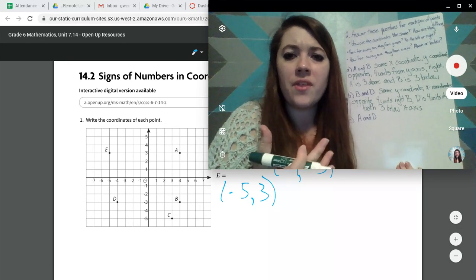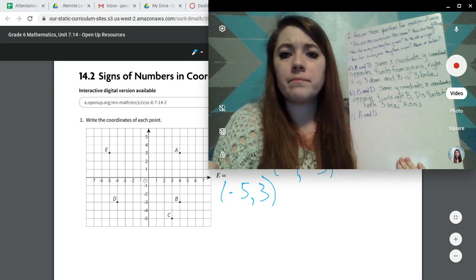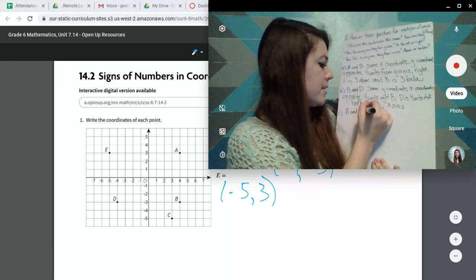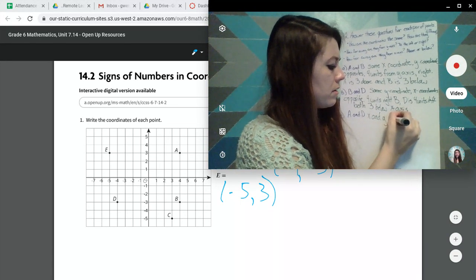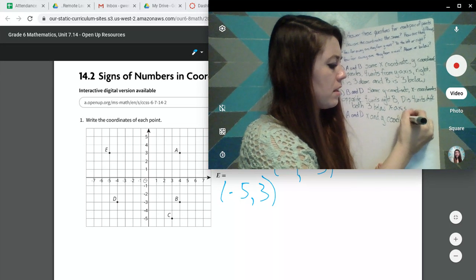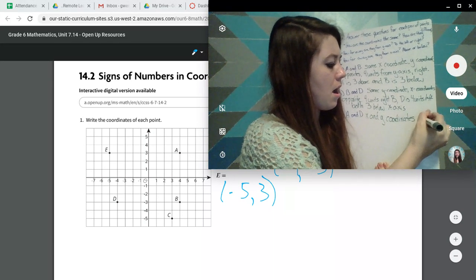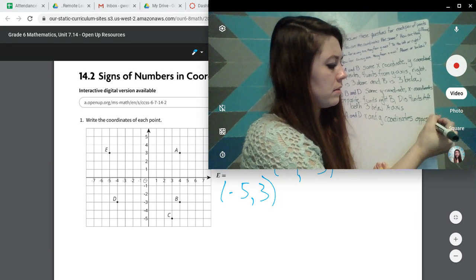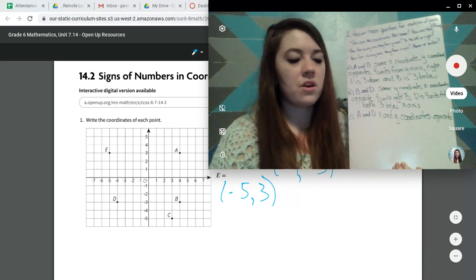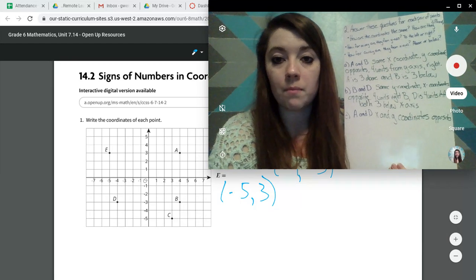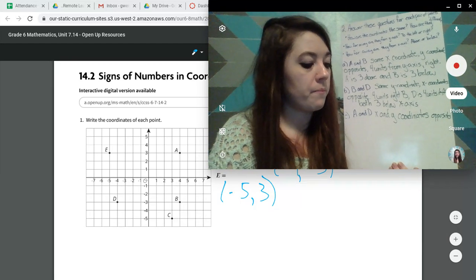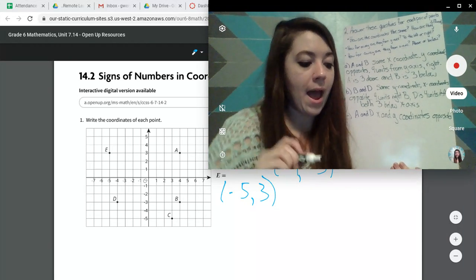The x and y coordinates are both opposites. Excellent. So they don't really have a similarity there, aside from the fact that the numbers are the same, but they're different signs.